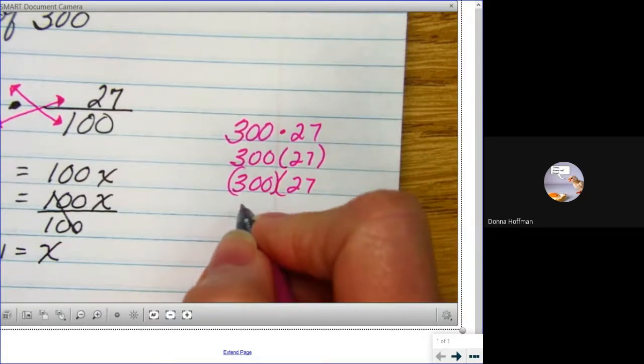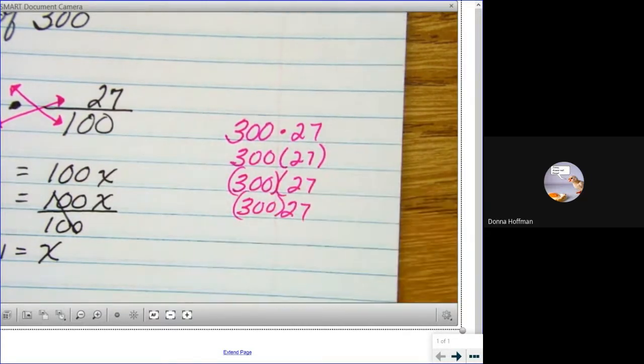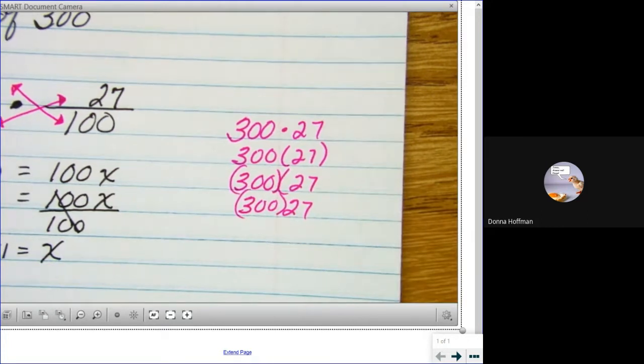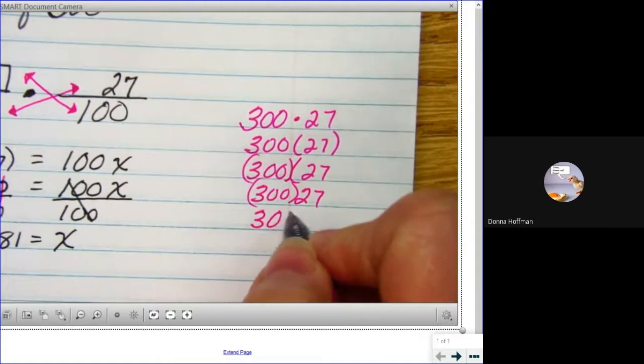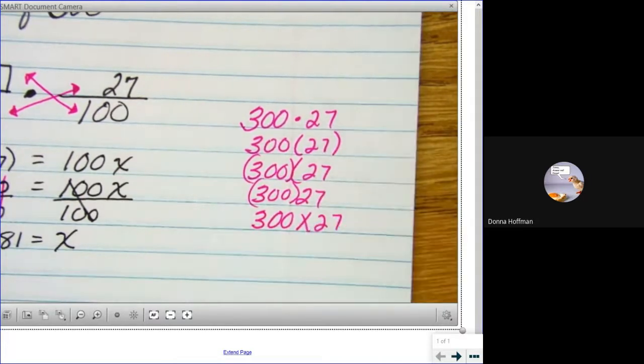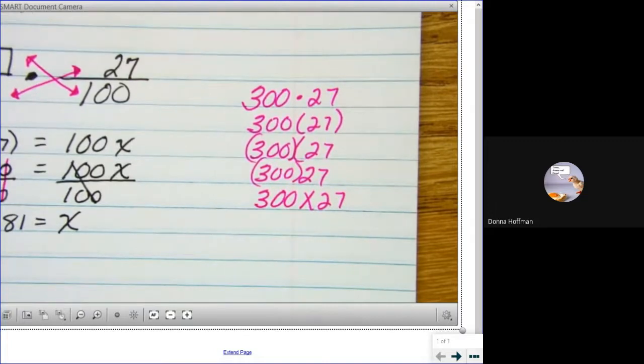Or I can write it like this. Anything sitting right next to the parentheses like that, that's multiplying. Or, believe it or not, I can write it like this. There's a lot of ways to write multiplication, ain't there? Are we clear on that now?